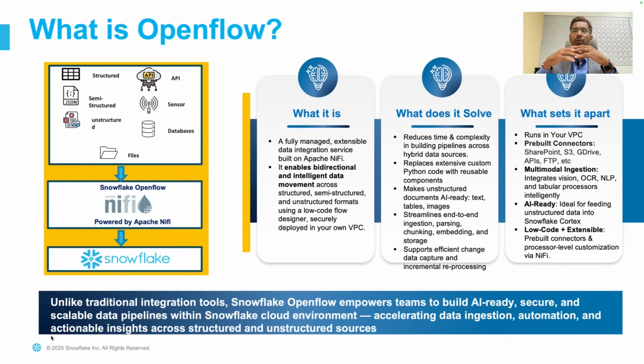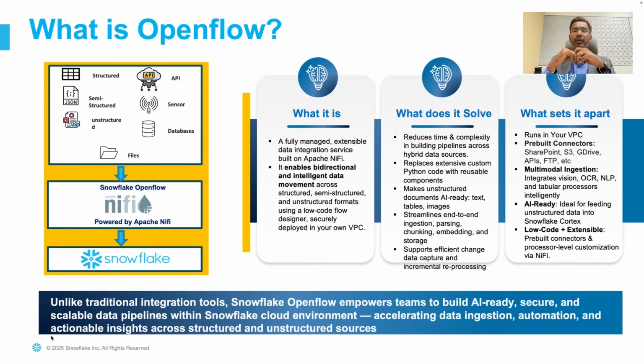When you're using any of these data sources, there are out-of-the-box pre-built connectors that you can leverage for your data ingestion efforts. You literally have a large set of connectors and processors readily available to bring the data from any data source and make it available on Snowflake.